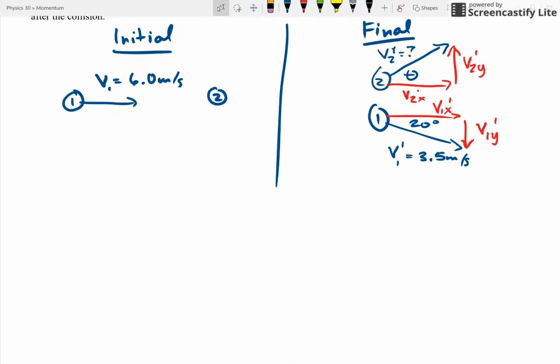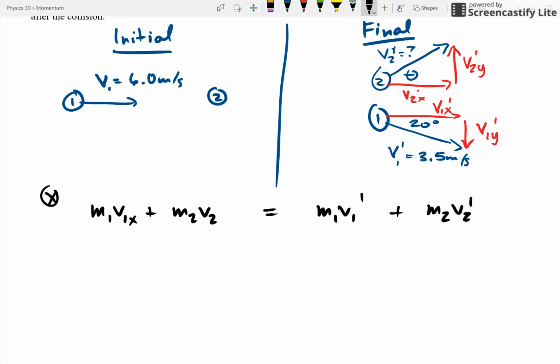There are two separate balls to start with, so we have two separate terms in our equation, and after the collision we again have two separate terms. We have to set it up for x independently from y: m1 v1 plus m2 v2 equals m1 v1 prime plus m2 v2 prime.